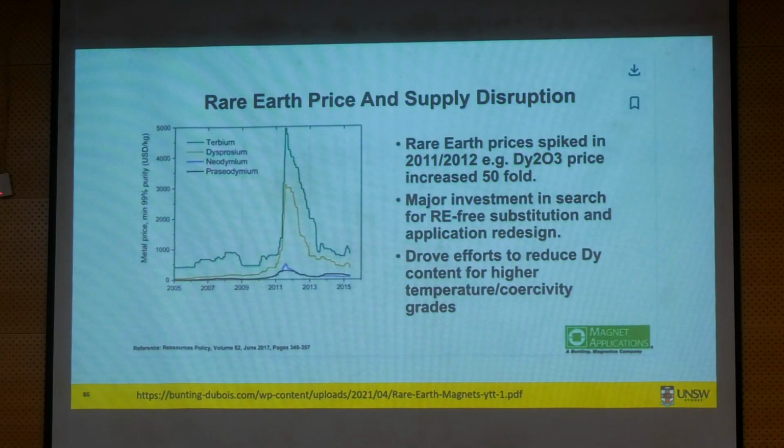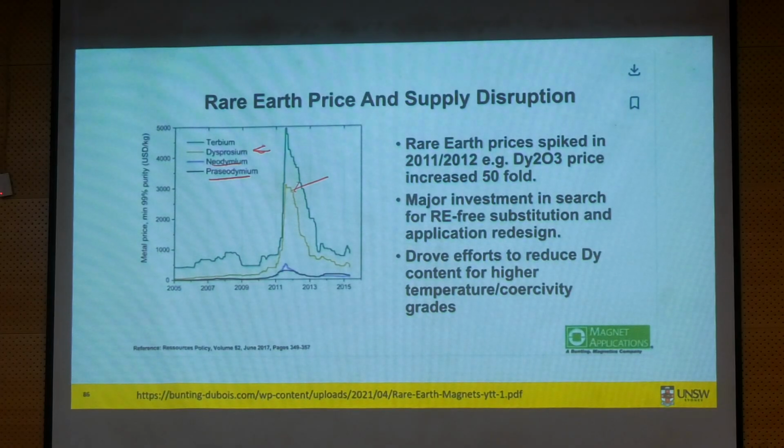This price spike was mostly in dysprosium, not in neodymium. There was some spike in neodymium and others, but the highest price spike was in dysprosium, and that led to a high price of the magnet material.